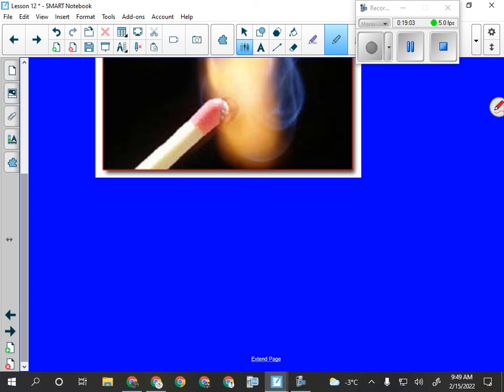Okay, so let's look at just this example here. It was actually the one we had up there. Okay, so this chemical reaction is the burning of propane.